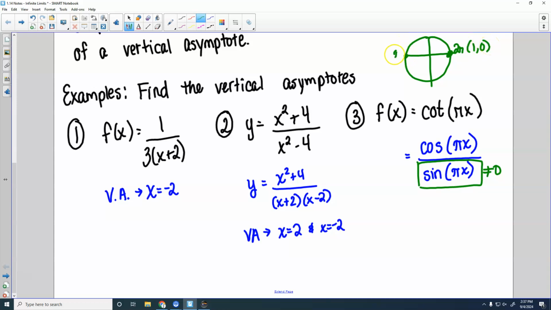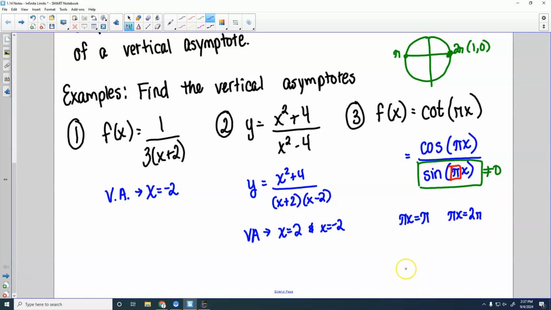Also over here at pi, or if we want to call 2 pi 0, we could, right? So now what we have to be careful of is this already has the pi in it, right? So we're going to have vertical asymptotes where the stuff on the inside, which is pi x, equals pi, or where pi x equals 2 pi.